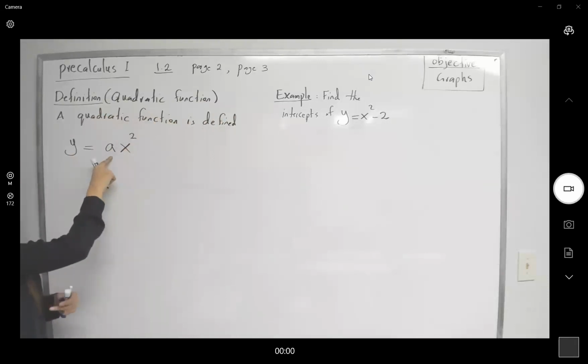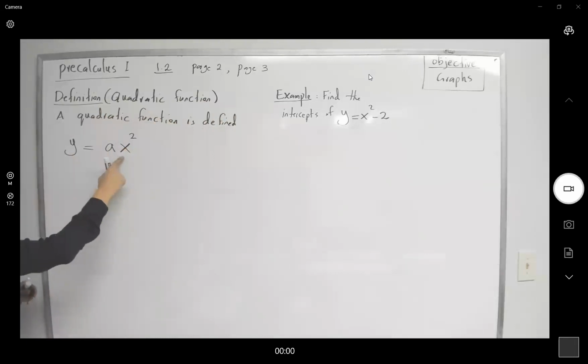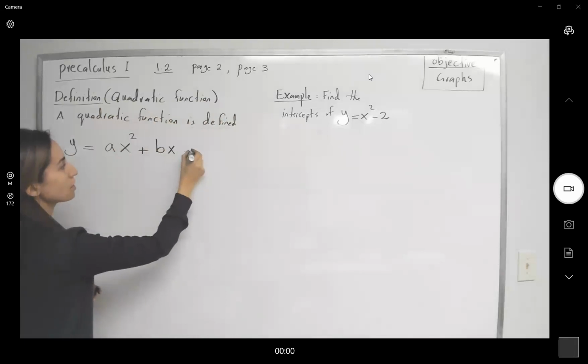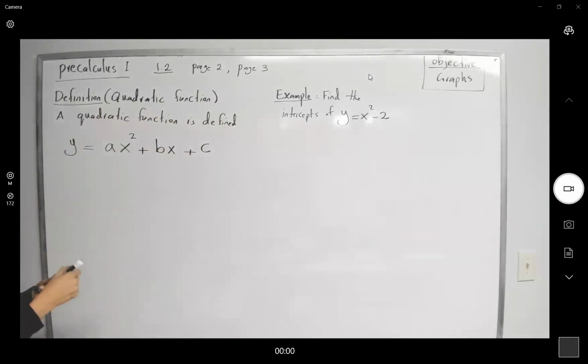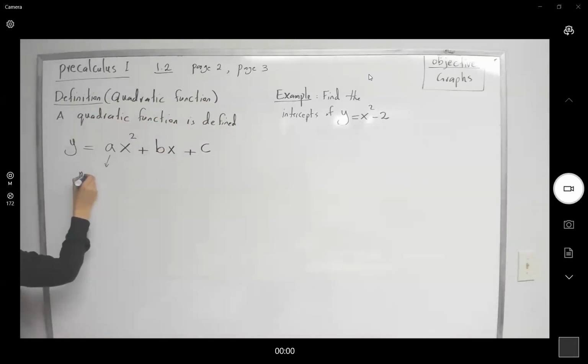This number is never 0. If it's 0, then you get a linear function. So ax squared plus b times x plus c. So a is a non-zero coefficient.